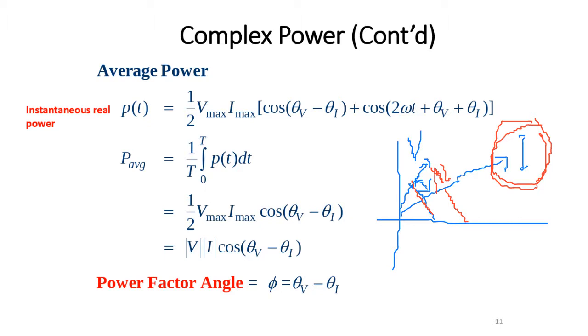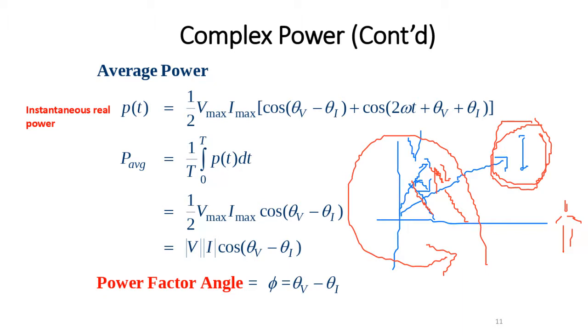It is lagging. Why? Because we go anti-clockwise. We are rotating like this. If you stop here and watch, what will come first? The voltage comes, and then the current.